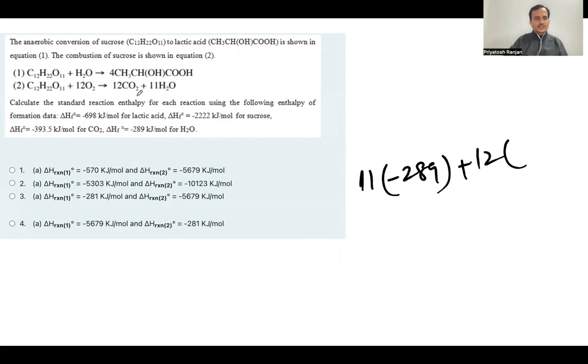The products are H2O and CO2. What is the value given for the CO2? Minus 393.5. So these are for the products. What are the values given for the reactants?